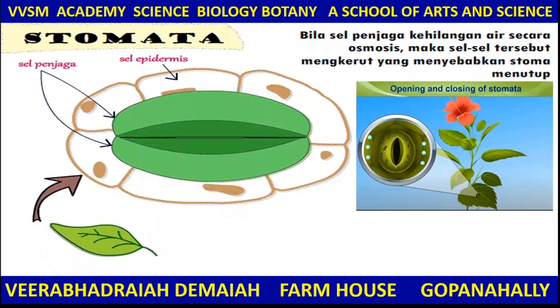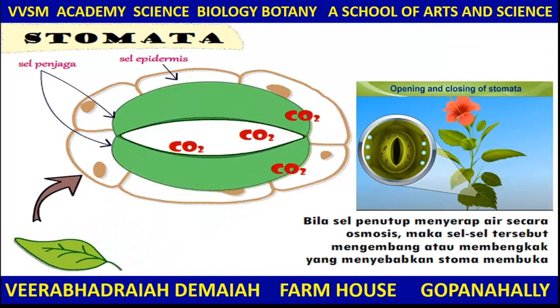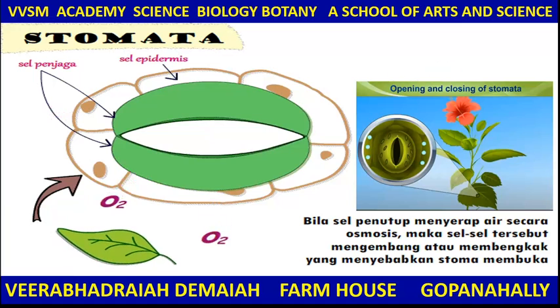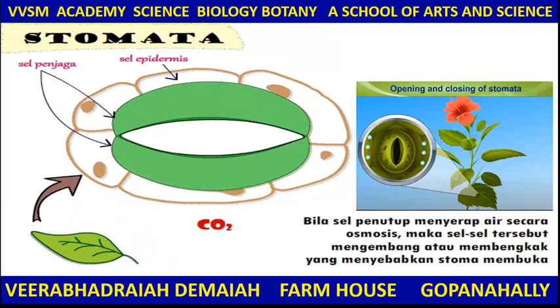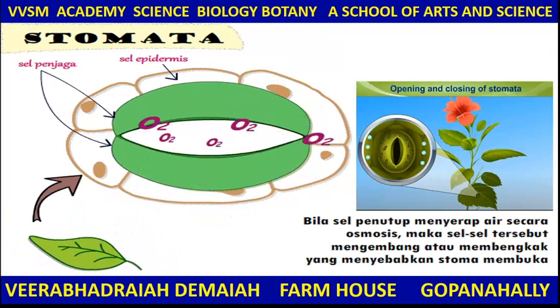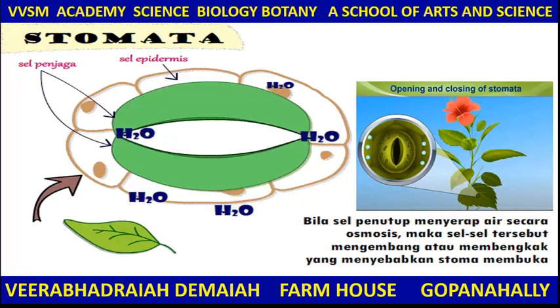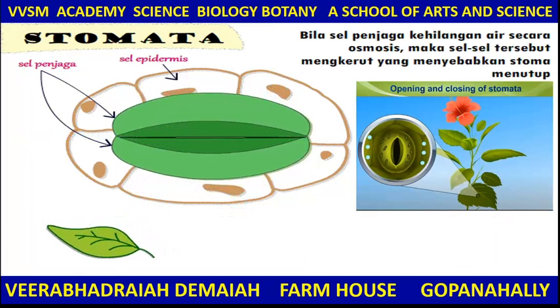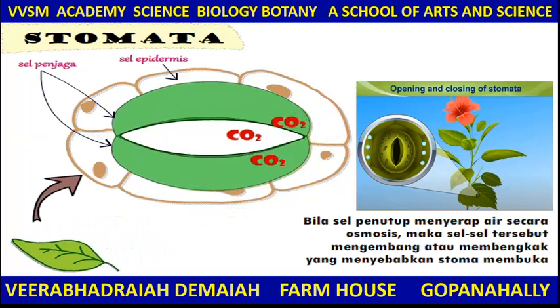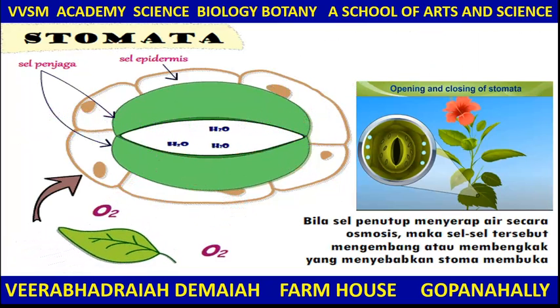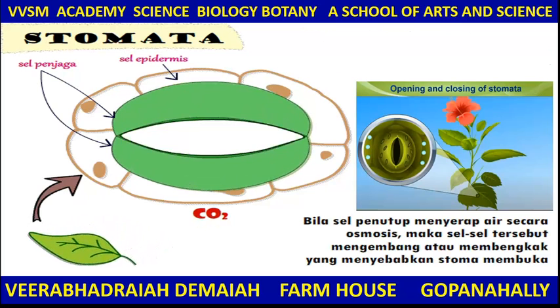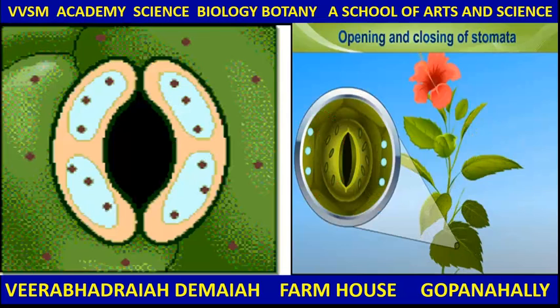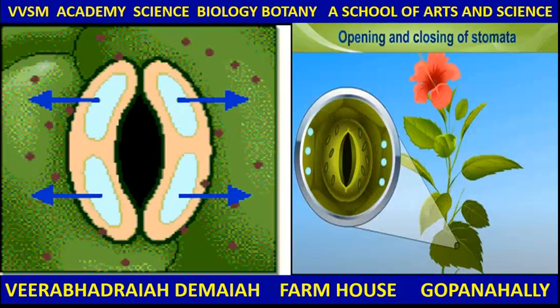If you observe the function of stomata opening and closing during sunlight, you can see carbon dioxide is absorbed from the atmosphere, and water and oxygen molecules are coming out from the stomata. This is the important function of stomata. Opening and closing of stomata is a very important function during transpiration.